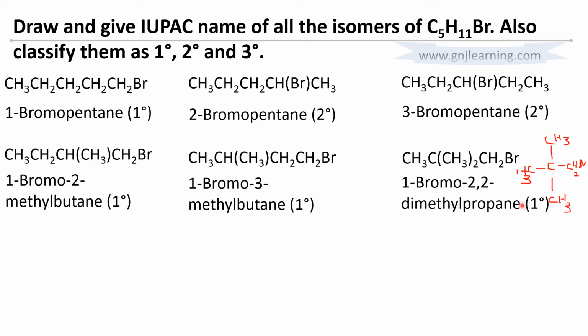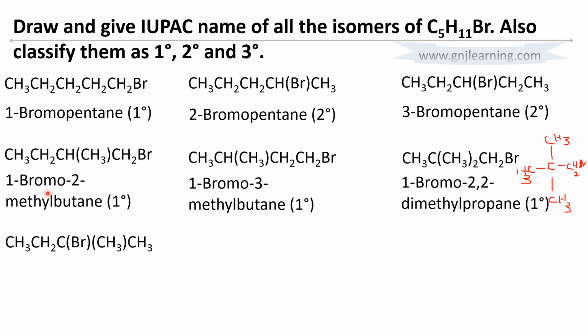Now I will start moving bromine. If the bromine is here, I cannot move it anywhere, there is no isomer, but if I place bromine on the second carbon atom, that will be completely different, isn't it? I have placed bromine on the second carbon atom, along with methyl.